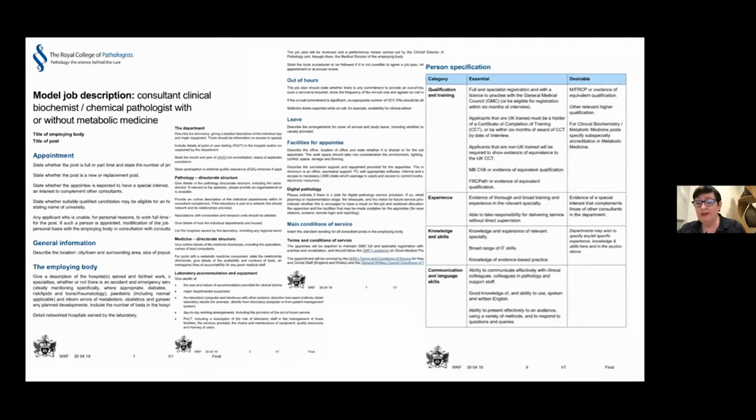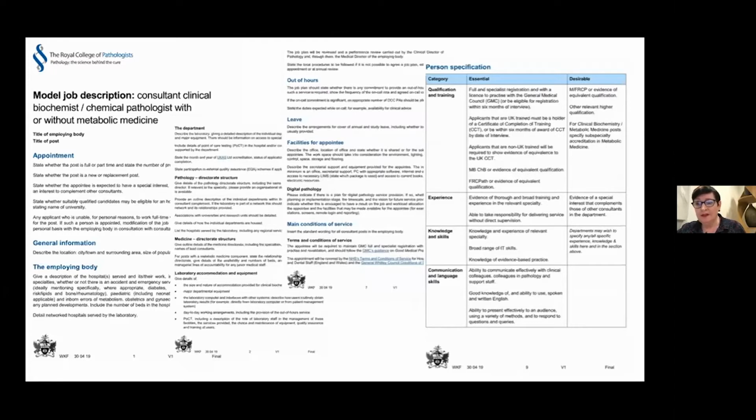When you're applying for a job, it's actually really useful to have a look at the person spec and to make sure that your CV or the sections that you are filling in reflect those. All these areas will be tested at interview or through your application form.